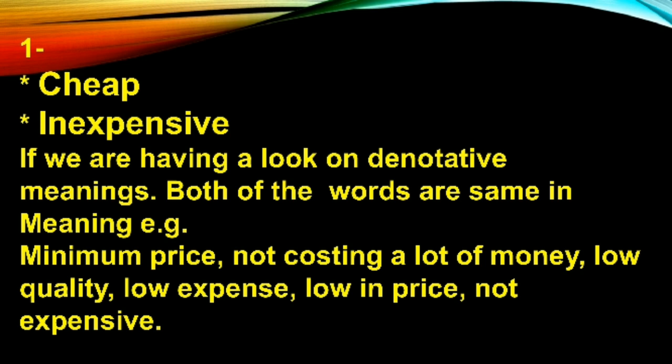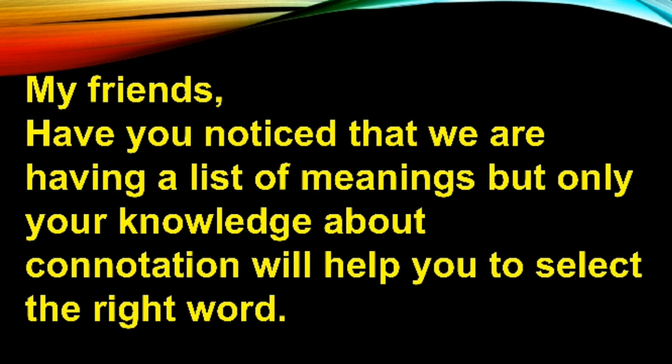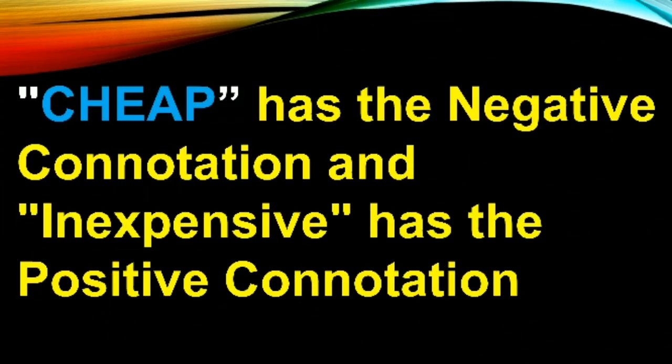For example, minimum price, not costing a lot of money, low quality, low expense, low in price, not expensive. My friends, have you noticed that we have a list of meanings, but only your knowledge about connotation will help you select the right word.